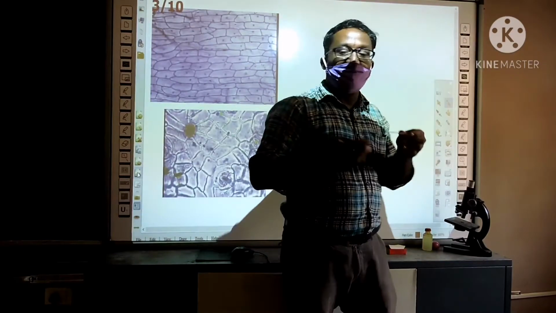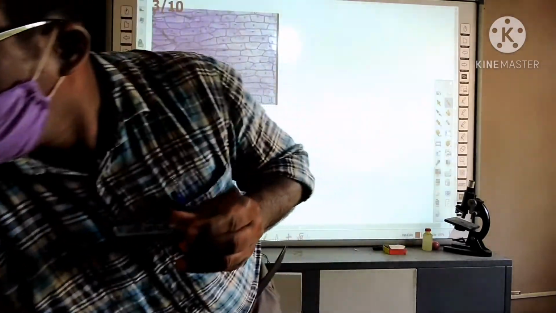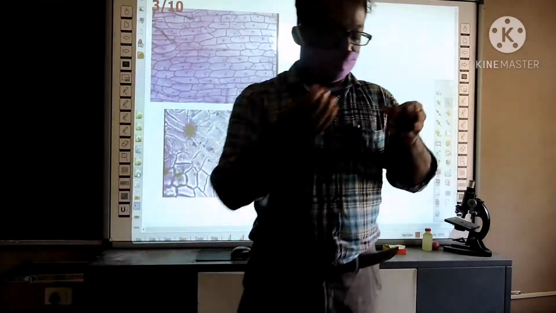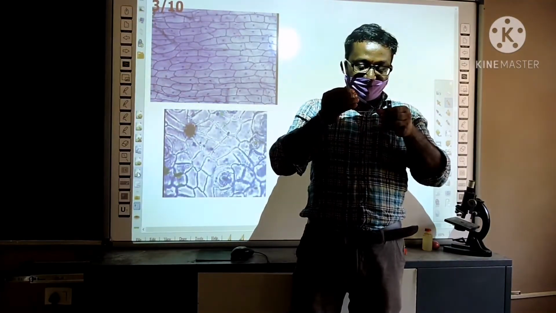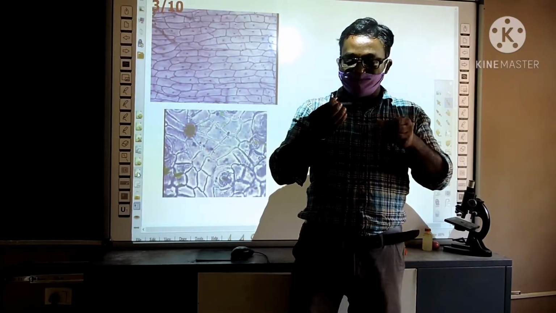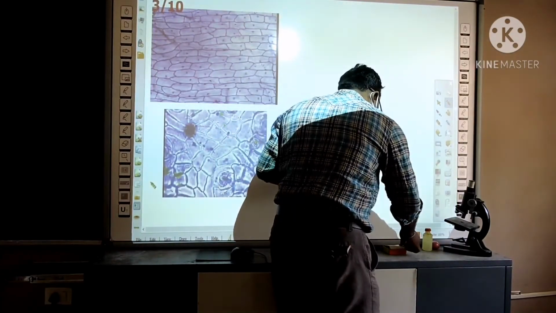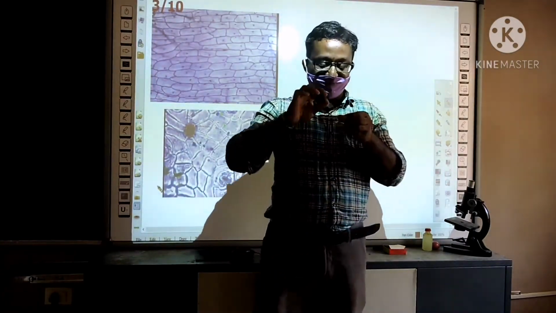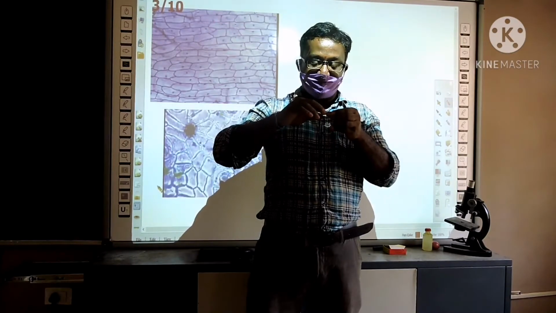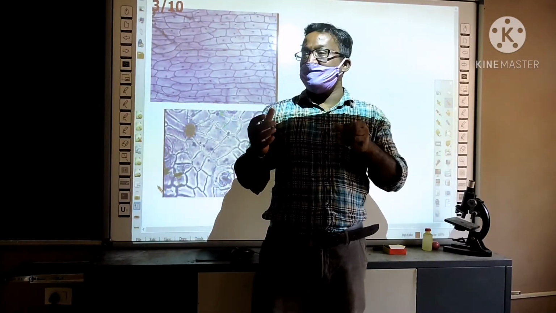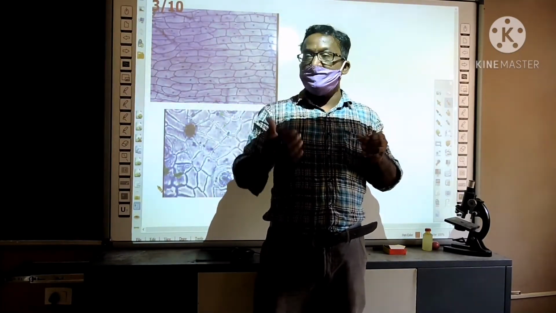Then add a drop of water to it. After that, cover with a cover slip. You can add glycerin also, to not allow it to dry.